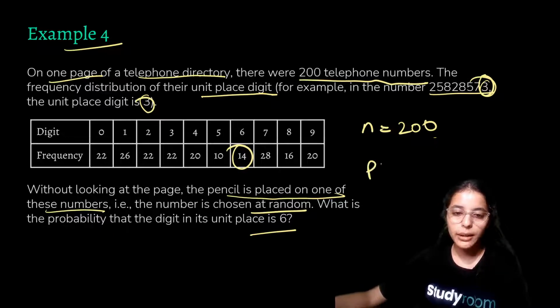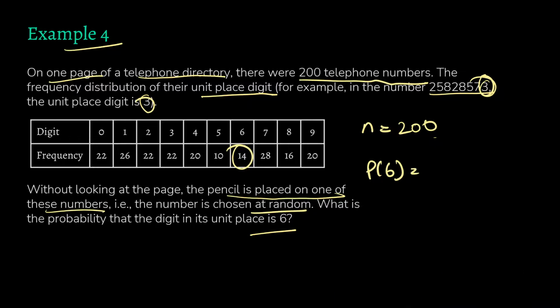So now to get P6, we have to write the number of times 6 has come, that is, 14 times divided by 200, which will give us the answer 0.07 as our probability. Now you can see how little the probability is of getting the number involving 6 as its last digit, right?